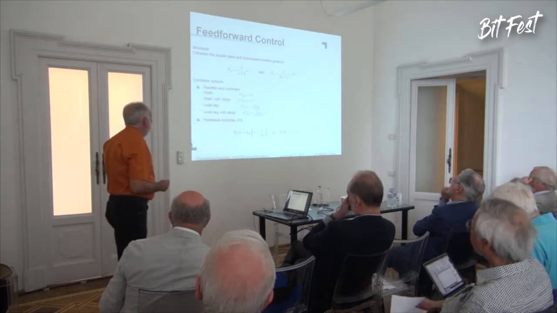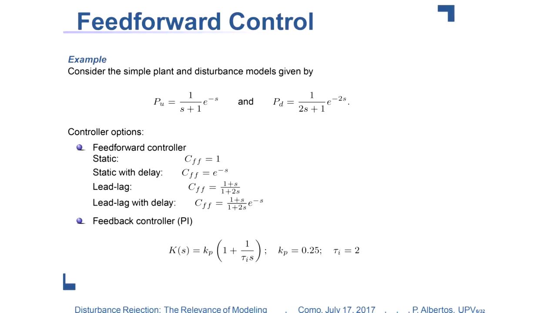So, for instance, in a very simple example, we have this model for the input and this model for the disturbance. And then the feed-forward controller should be, if you just try to control the static behavior, static with a delay, or if you want to cancel the dynamics also.